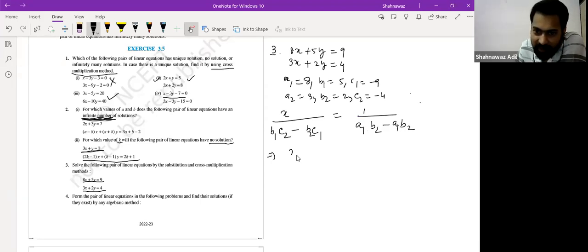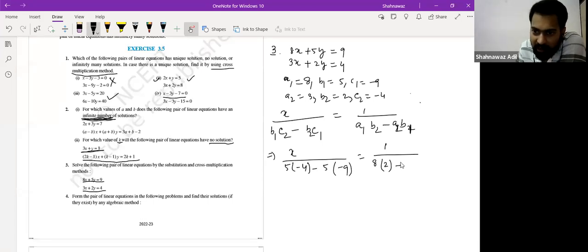So x is B1 C2 minus B2 C1 by A1 B2 minus A2 B1. B1 is 5 and C2 is -4. I should be careful this time. B2 is 2 and C1 is -9. And A1 is 8 and B2 is 2.